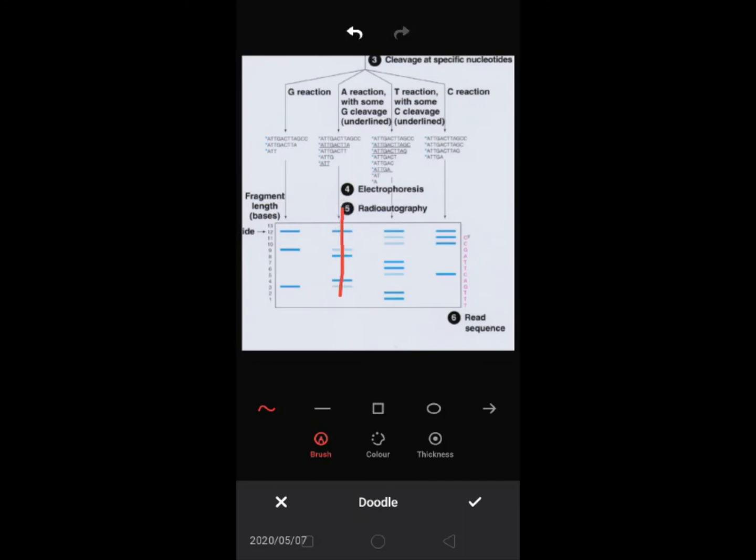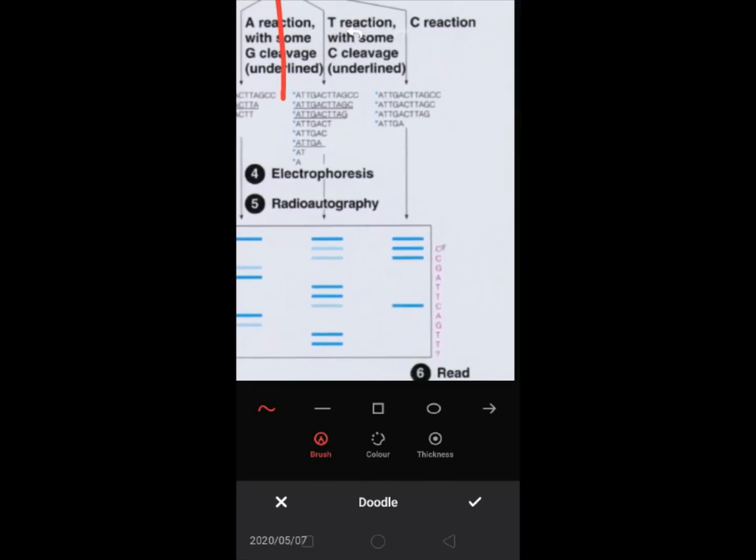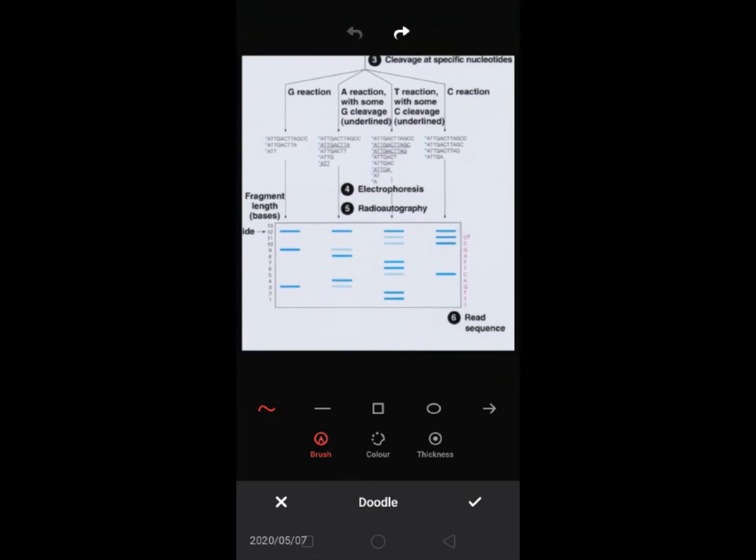Moving forward, 8 base pairs, the only visualization, dark band, that we get is for A plus G. The reason that it is unique for A plus G must be because it is not present in any other. This indeed means that there is something very unique to the A plus G reaction that we cannot find anywhere else, and that thing is A, adenine. That means our fourth nucleotide is A. Moving on to 7 base pairs, the only visualization we get is T plus C. That means there is something very specific in T plus C that is not present in any of the other reactions.